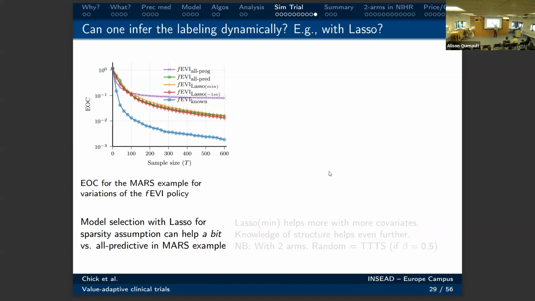It doesn't work as well as having the right knowledge of the actual structure, which is the lowest curve, but it's not as bad as randomly throwing darts at a wall or presuming that you can't do precision medicine. You will actually ultimately learn. We don't have a proof asymptotically that it will converge, but it seems to work well in experiments. It's just slower.